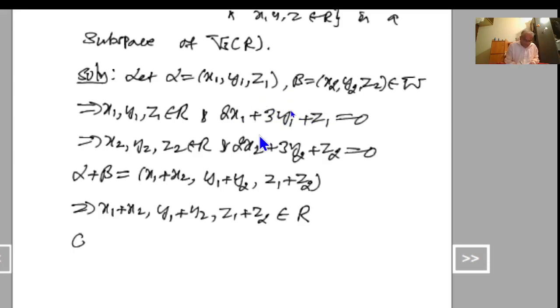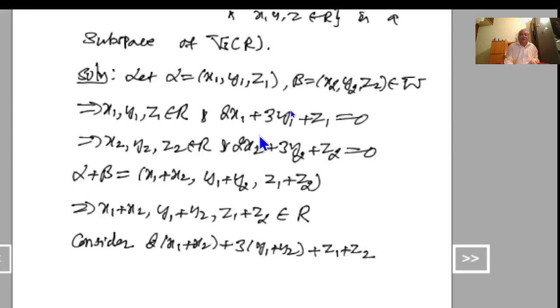So for that consider 2 into first element x1 plus x2, plus 3 into second element y1 plus y2, plus third element z1 plus z2.